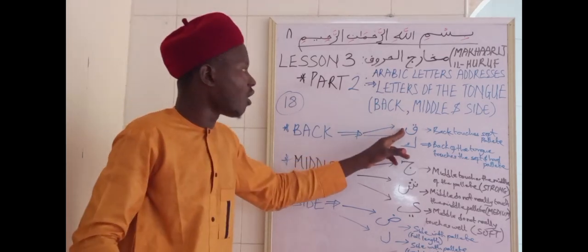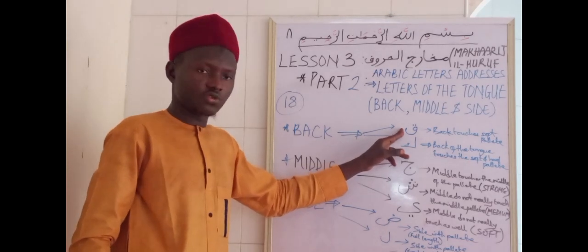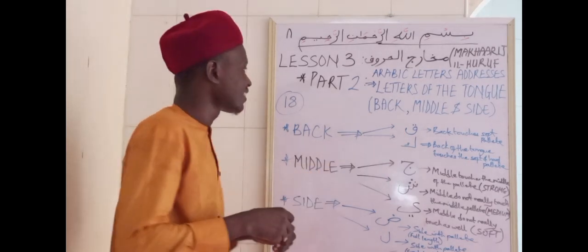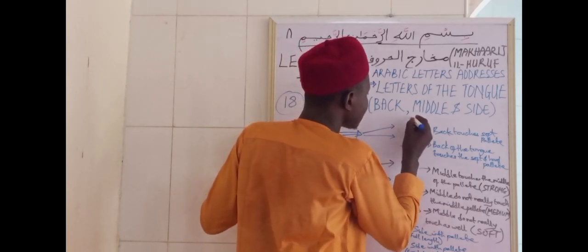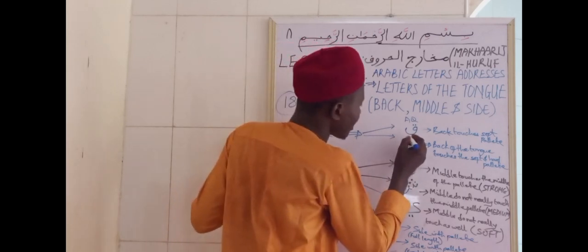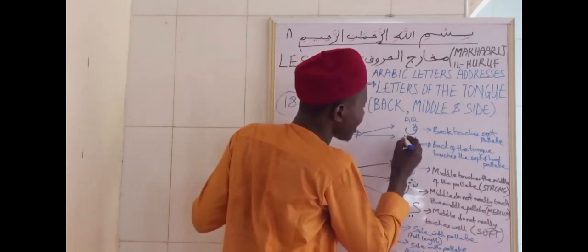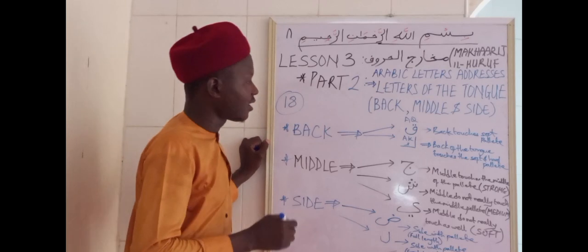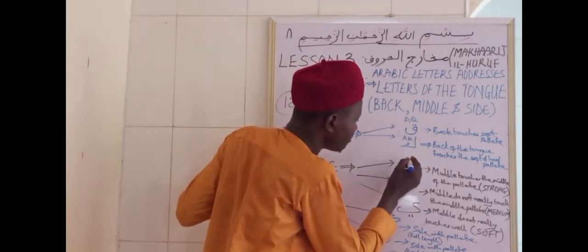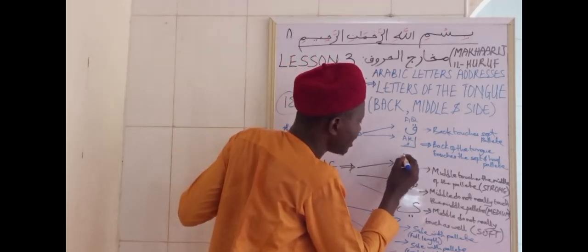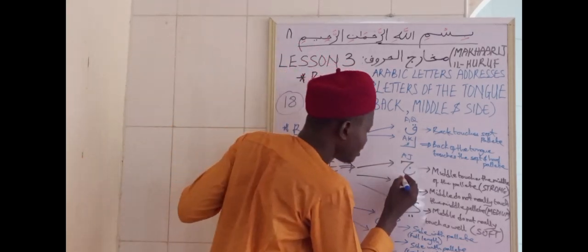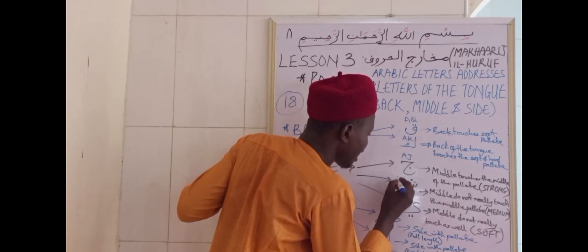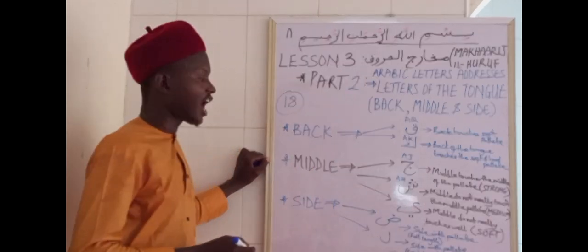So, quickly, let me come again. This one, if you want to get where it's coming from, just attach a vowel to it. It is Q, just attach an A. Aq, aq. This one, K, just attach A. Ak, ak. This one is J, Jim. Attach A, aj, aj. This one, ash, ash.